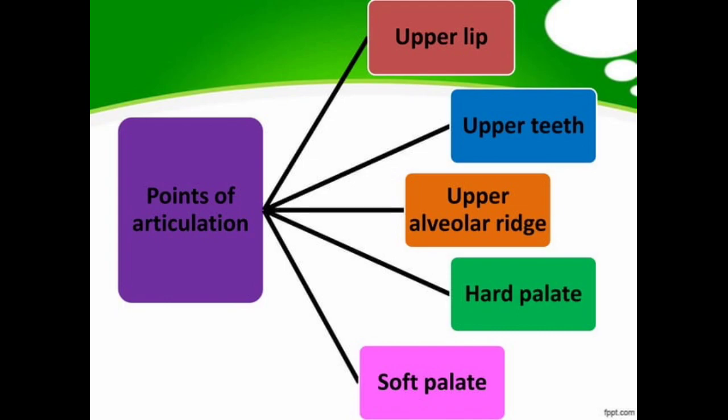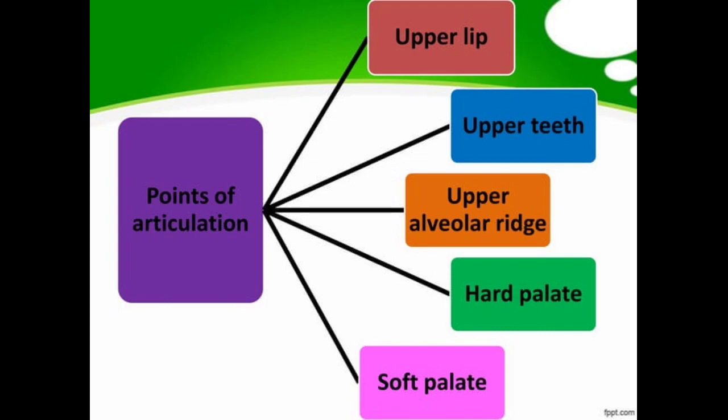Palatal. The airflow is obstructed by bringing the front of the tongue into contact with the hard palate, the bony part of the roof of the mouth, as in J. Velar. The airflow is obstructed by bringing the back of the tongue into contact with the soft palate, the soft part of the roof of the mouth, as in K or G. Uvular.